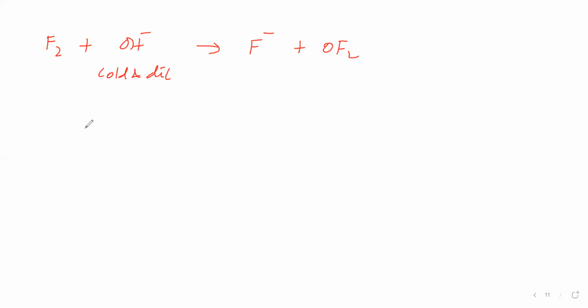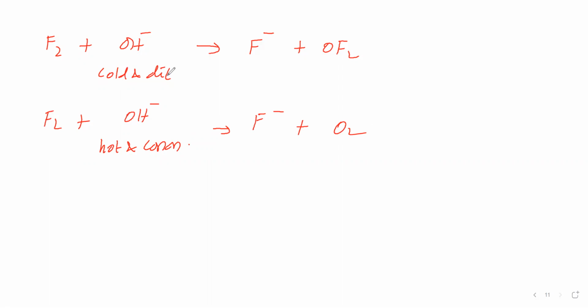Next, fluorine with hot and concentrated alkali. F2 becomes F minus, and here O2 is obtained. Here the oxidation number is 0, here -1. Oxygen's oxidation number is -2, here 0.